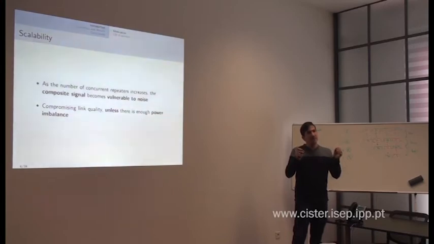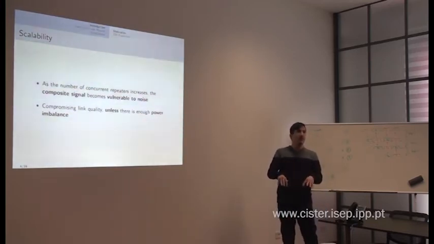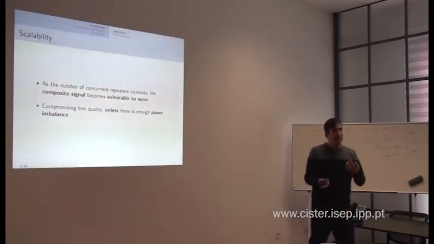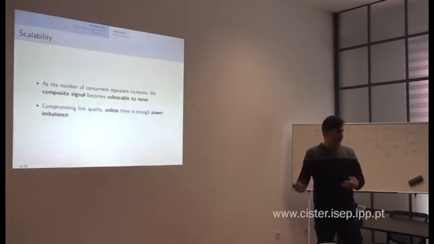This happens under a specific condition: if there is not enough power imbalance between the participating nodes. When the power of those nodes is similar, the composite signal becomes vulnerable to noise. It's very fragile and it's very easy to get errors in the channel. We want to avoid that, obviously, because it is harmful and does not enhance the communication.